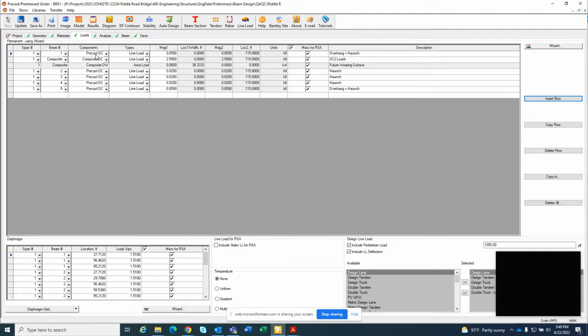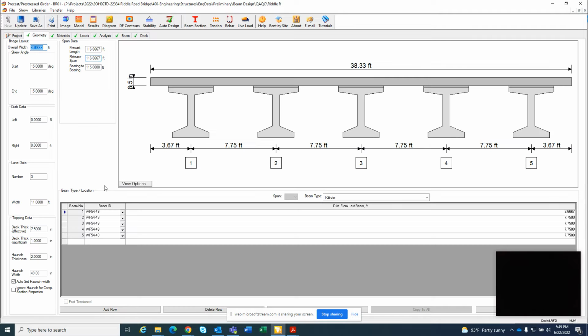The loads, precast DC is usually... if you specify the haunch thickness as 2 inches and then width as 49 inches, it takes the haunches here, which means it calculates the haunch load.